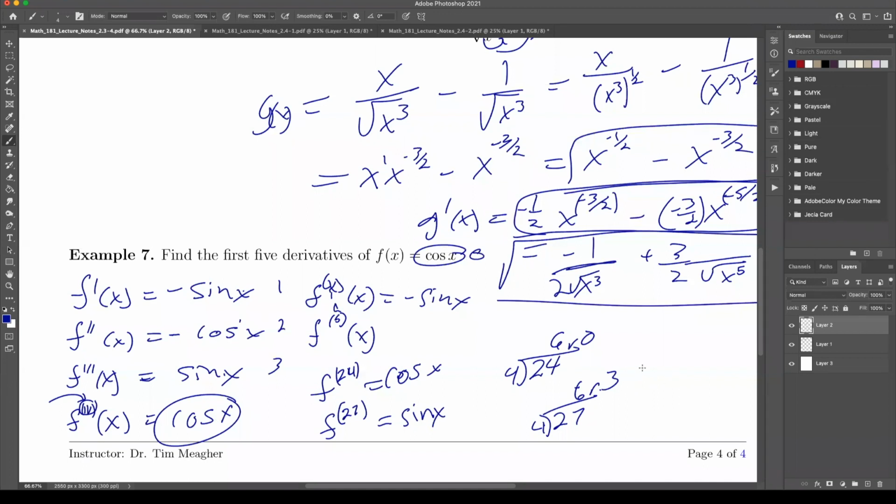And so anything that is its own derivative, any function that eventually becomes itself, you can do this sort of trick. It's kind of like when you did powers of i. If you have i, the first power is i, i squared is minus 1, i cubed is minus i, i to the fourth was 1, and then i to the fifth was i again.